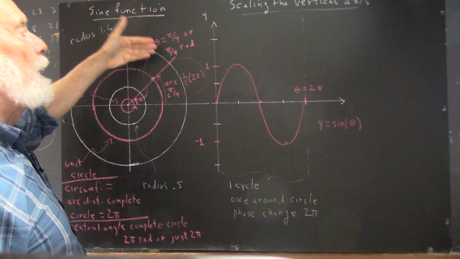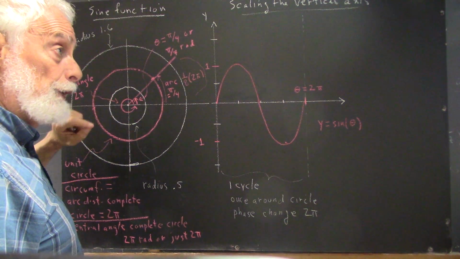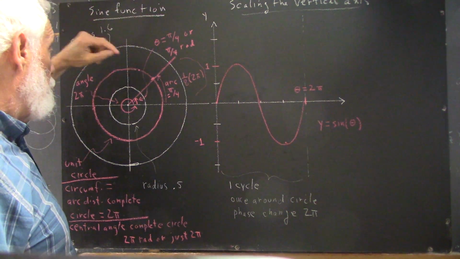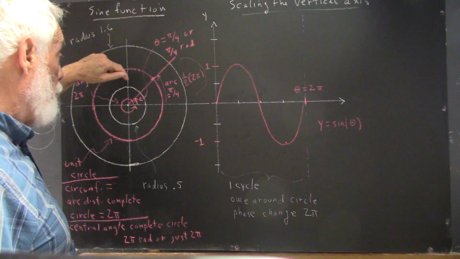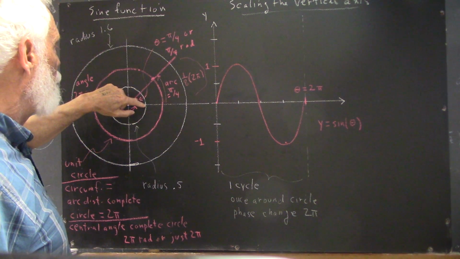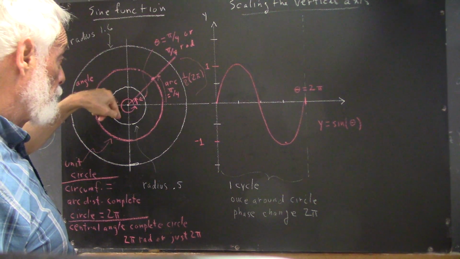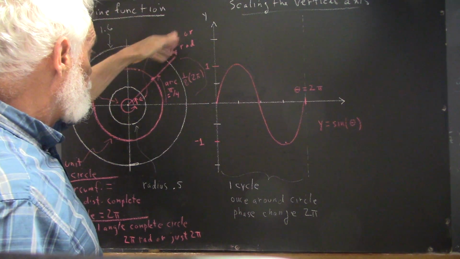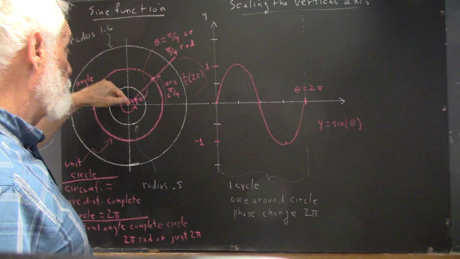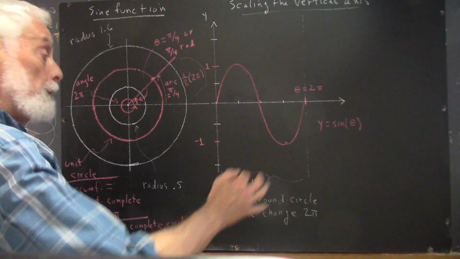I mean, the pi over 4 radians is now a property of this angle. So it would be the angle at which the arc of the smaller circle intercepts this line, or the angle at which the larger circle intercepts this line. The angle is pi over 4 no matter how big the circle.